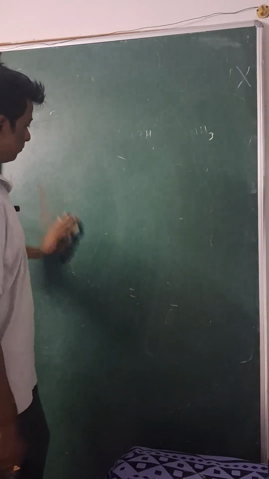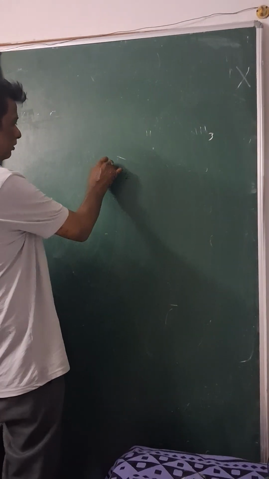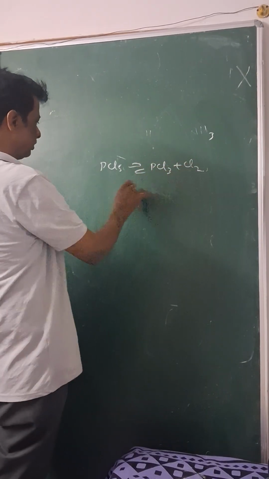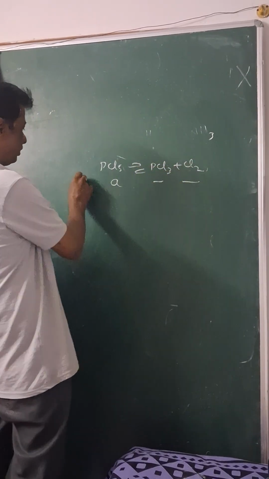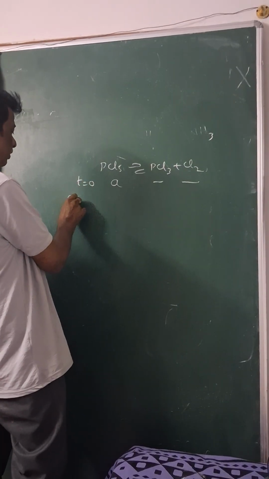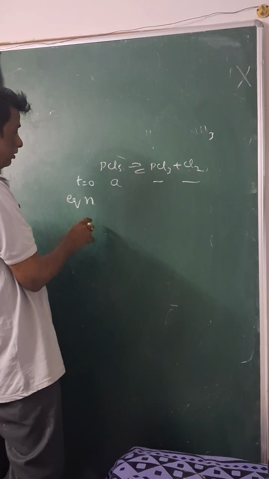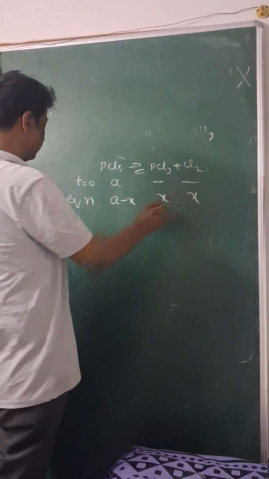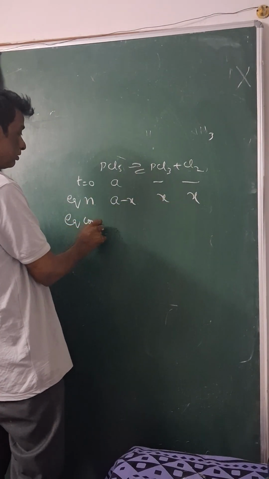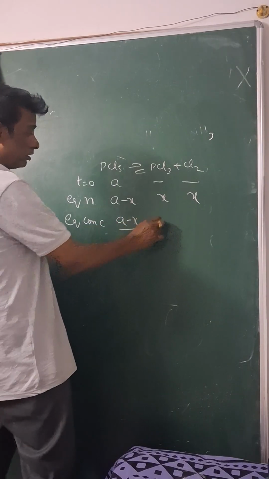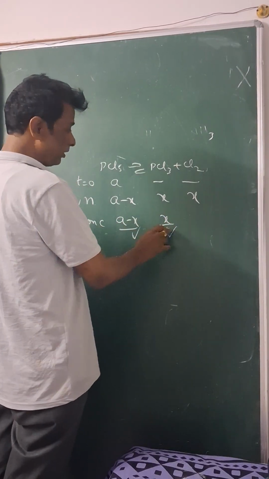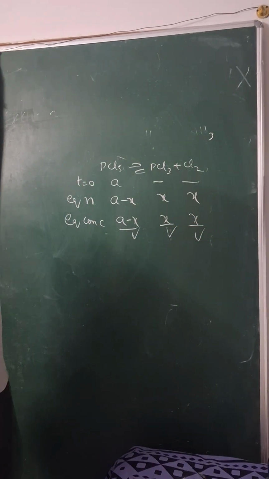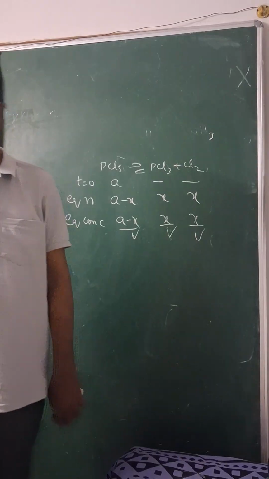Let us take PCl5. It decomposes to give PCl3 plus Cl2. Initially A is 0. T is equal to 0. Equilibrium moles, A minus X, X, X. Equilibrium concentrations, A minus X by V, X by V liters. Volume in liters. Moles by volume is molarity. What is molarity? Number of moles of solute present in 1 liter of solution.